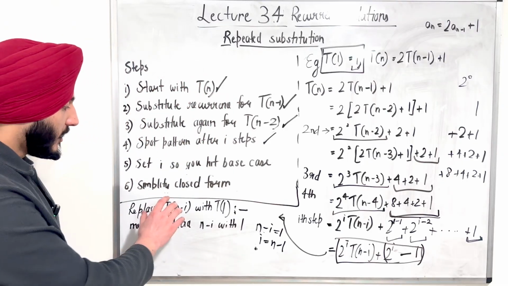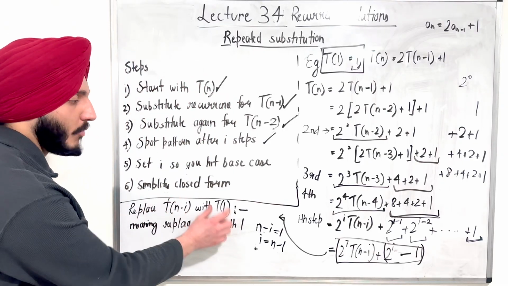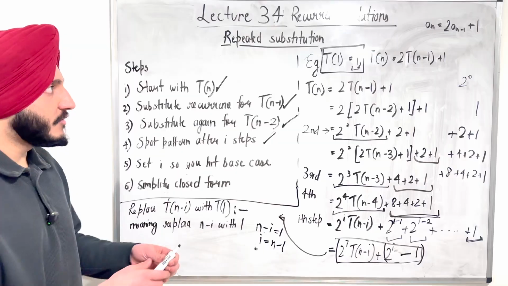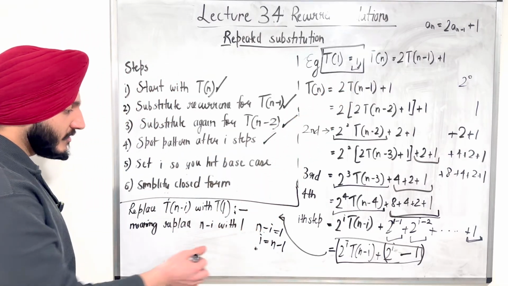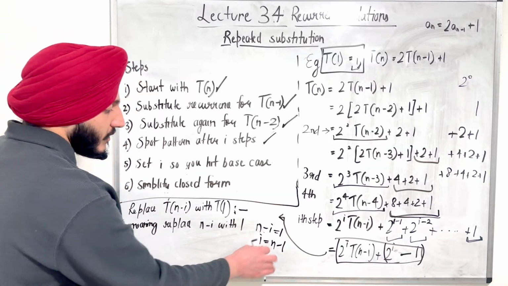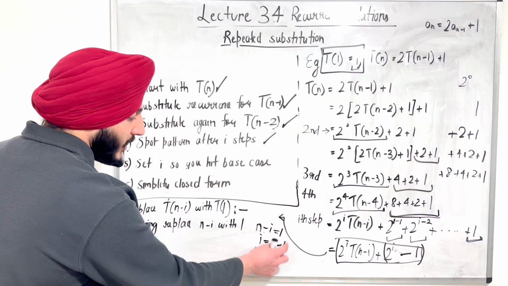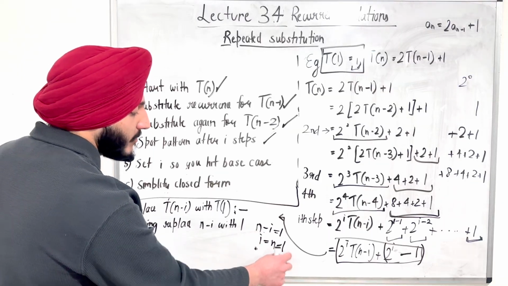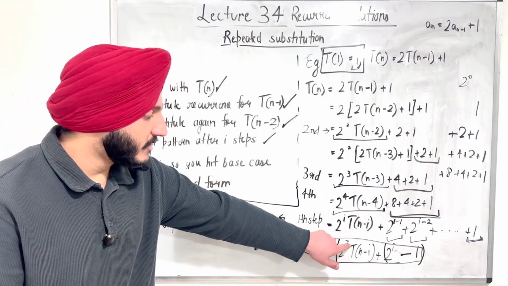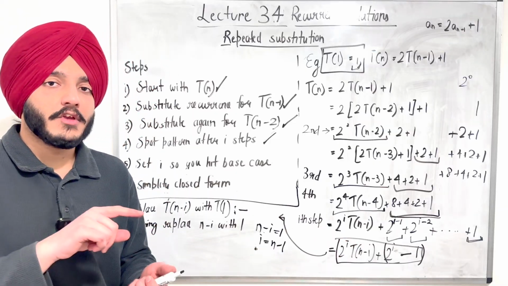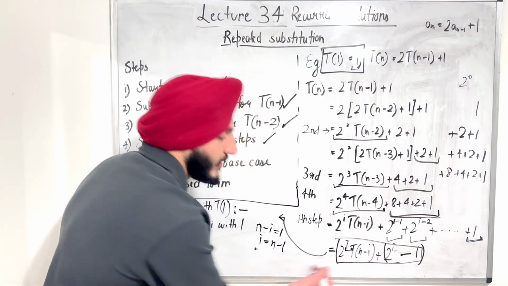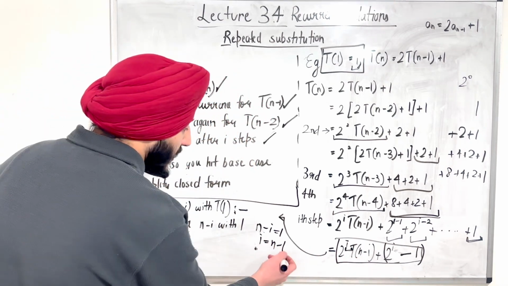Once again, I need to replace T(n-i) with T1, which is the base case, which means I just need to keep on taking a step back until I have the base case for which I have the value. So if I set n minus i equal to 1, the value of i I would have to set is going to be n minus 1. Why am I trying to set the value of i? Because in my equation, I see this value i. We need the equation in terms of n, but we have this extra term i, and that's exactly what we are trying to replace. So we set i equal to n minus 1.